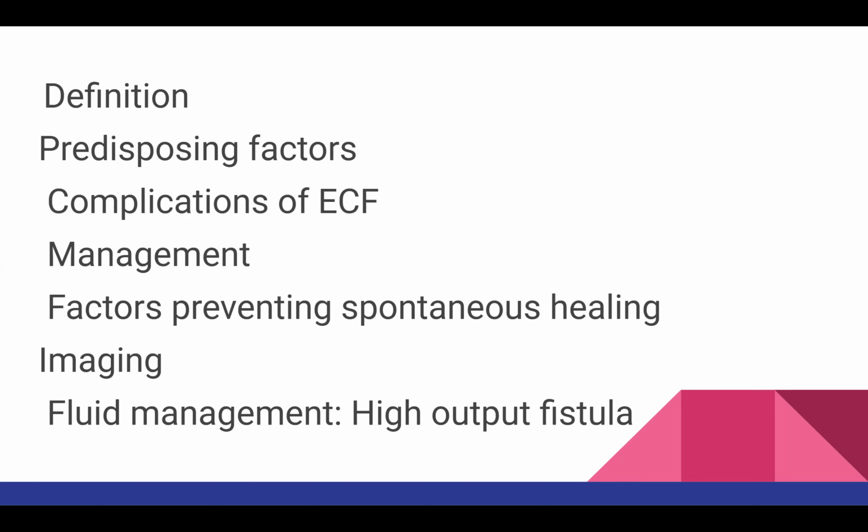Okay, so briefly tell me about the sepsis 6 protocol. In the sepsis 6 protocol, there are 6 things that we have to give and take. So we can give 3 things, that is the high flow oxygen, IV fluids, and IV antibiotics.